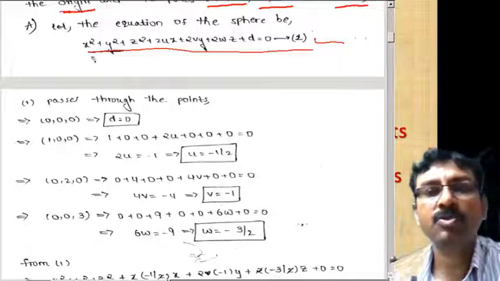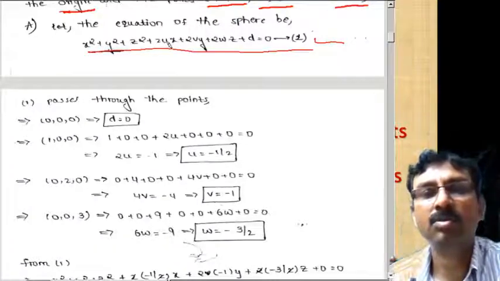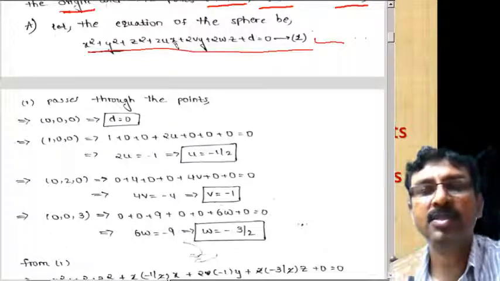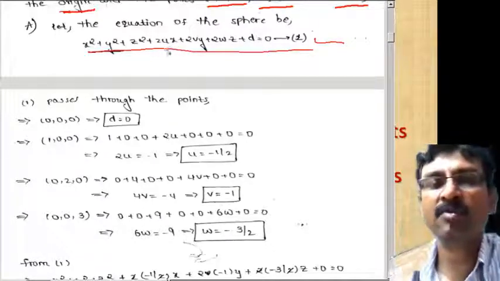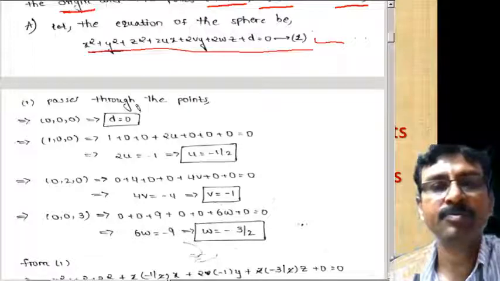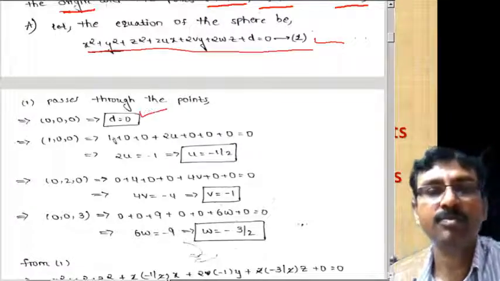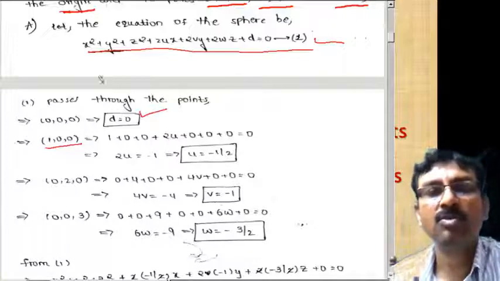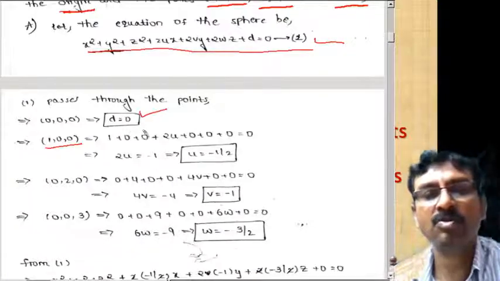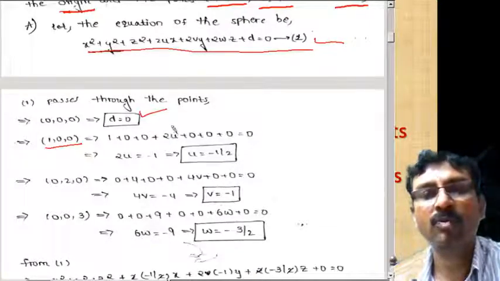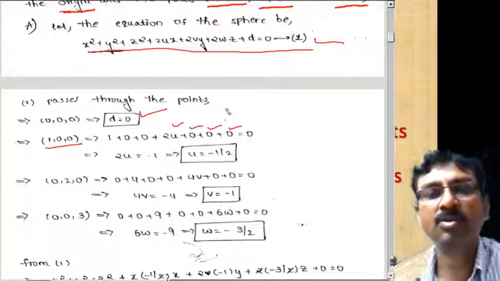So if we substitute 0 0 0 in place of x y z as in the previous problem, we get d equal to 0. Substituting 1 0 0, x is 1, square 1, y is 0, z is 0, and d is also 0.